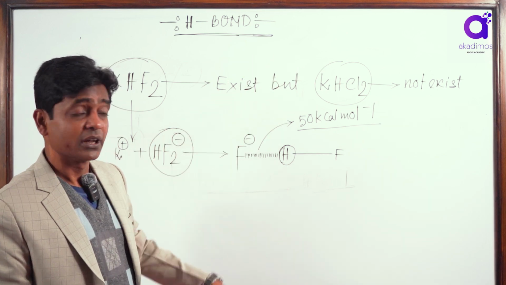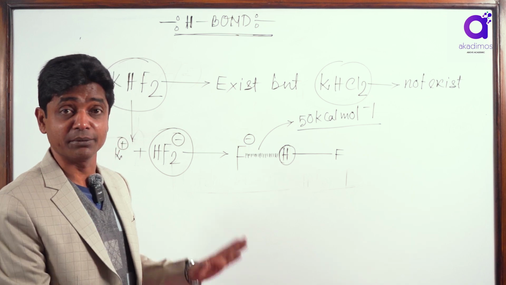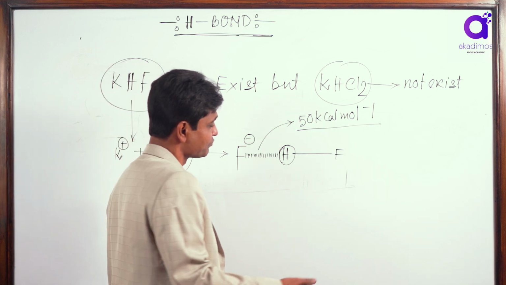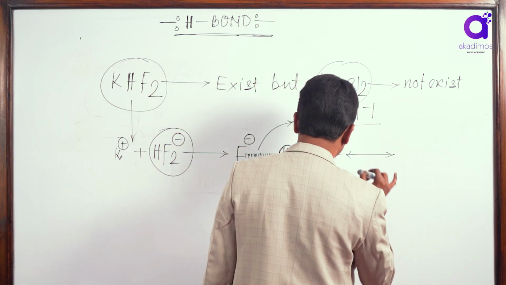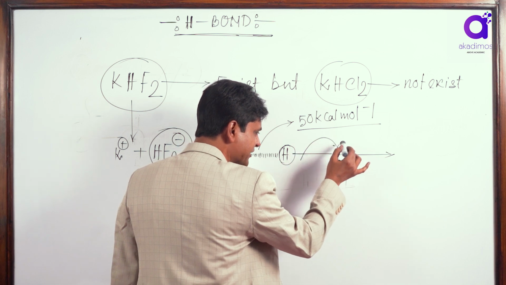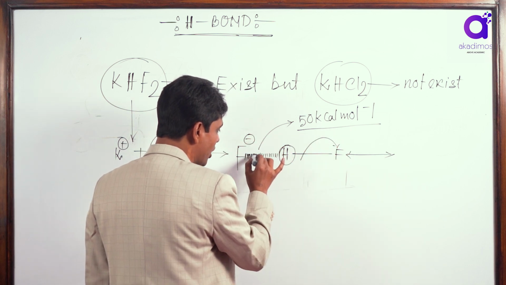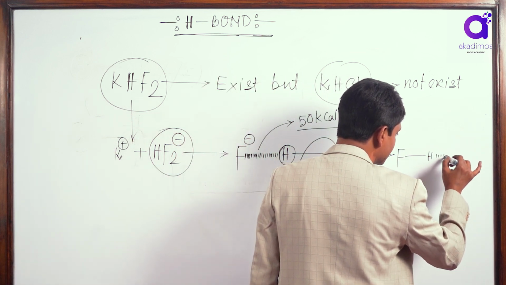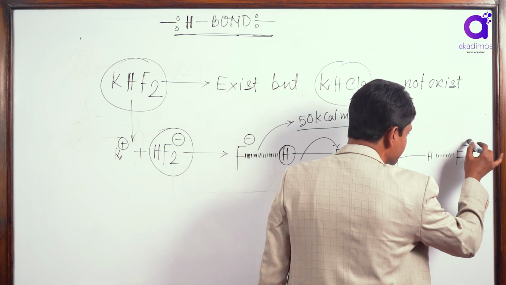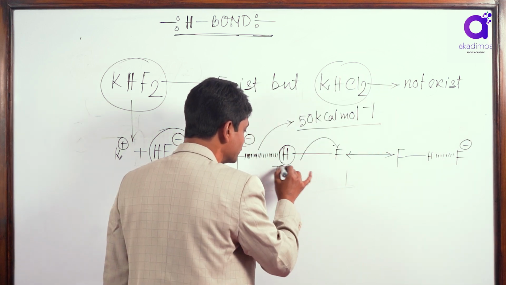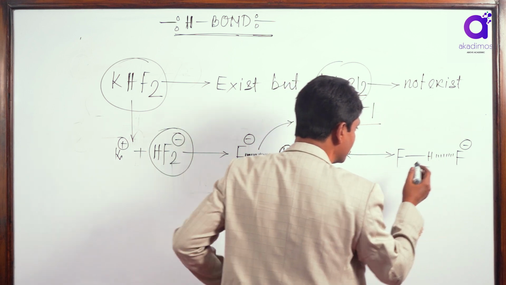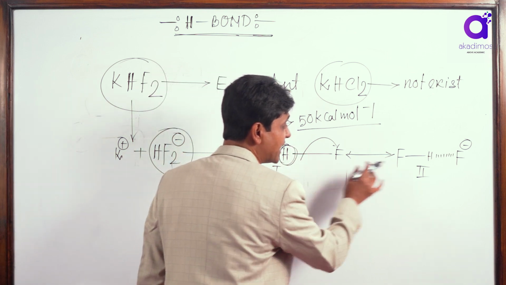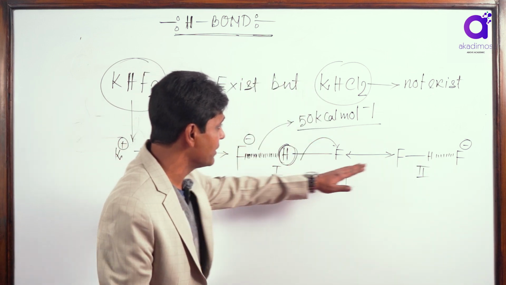How does hydrogen bond give such a huge amount of energy? Remember, it is not purely hydrogen bond, which I am going to explain. I'll take another canonical form by breaking this bond and making it F minus, and here a sigma bond, and you get another canonical form of HF2 minus. If these two canonical forms are equivalent with similar energy, the actual structure is the average of these two.